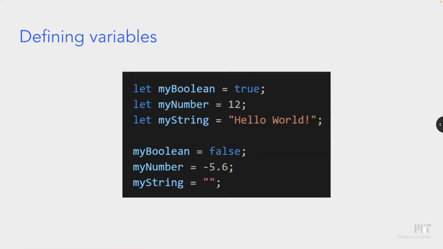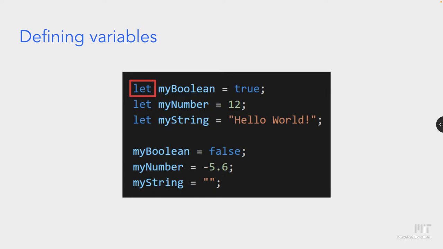And also, JavaScript has variables. A variable is kind of a name for a value. Over here, we have the first line, let myBoolean equal true. We use the equal sign to define the variable's value. So what we're saying is that myBoolean now has a value of true.